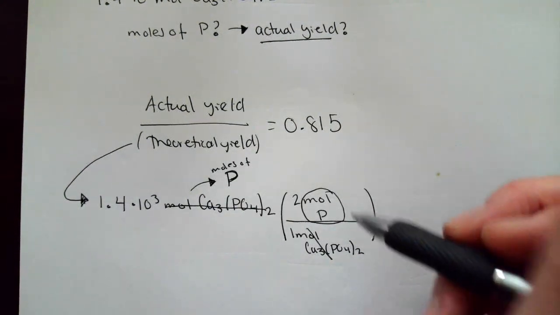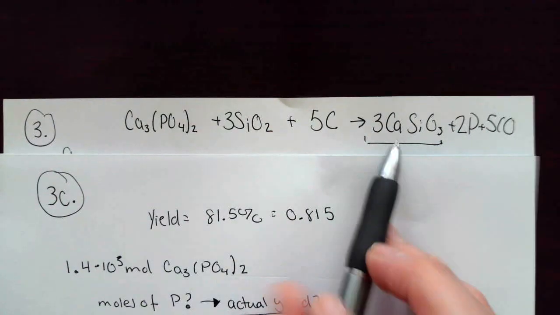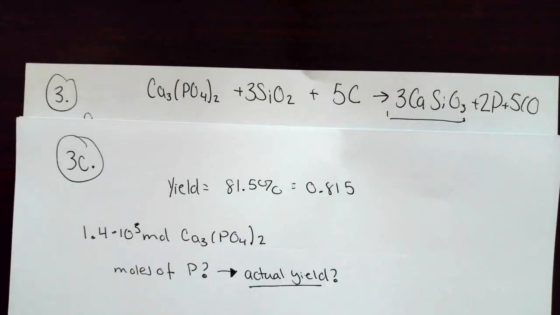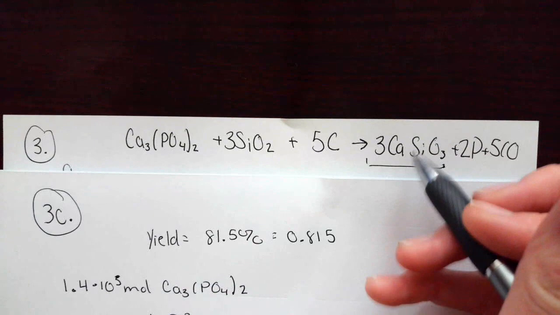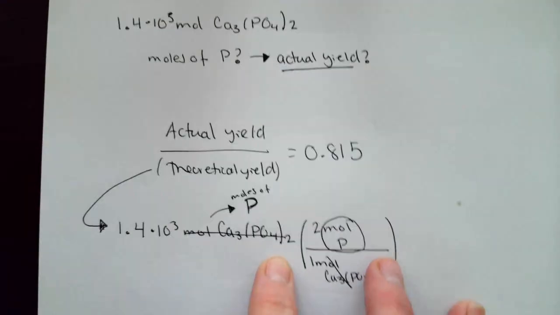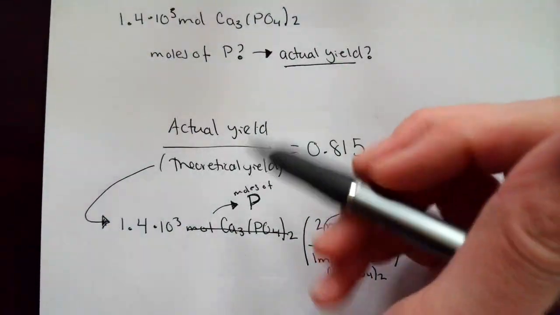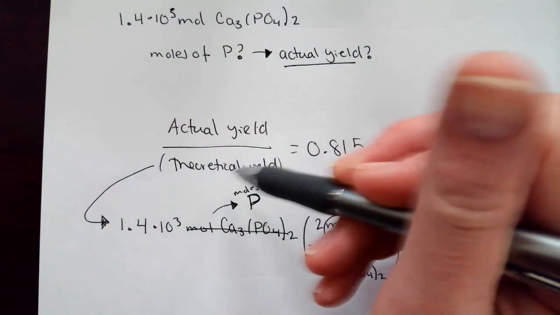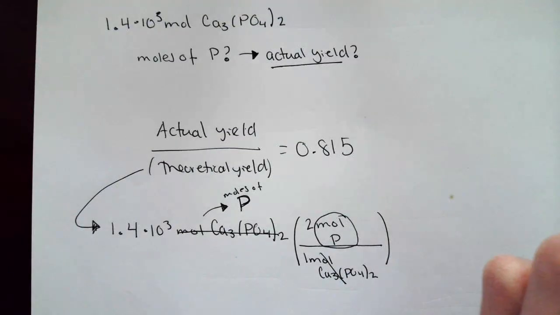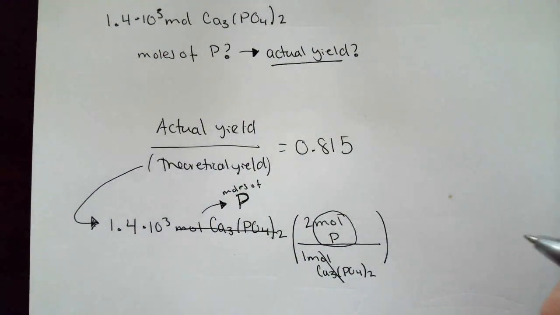The times where you need to actually convert to mass are when you're comparing different parts of the equation, because we would be talking about more than one product or more than one reactant. But when we're looking at just one substance, this ratio of moles of phosphorus in the actual yield and moles of phosphorus in the theoretical yield is fine. You could have also gone to grams, and that would have given you the same answer, just take another step.